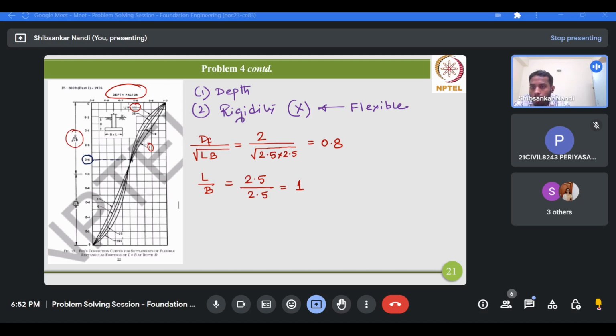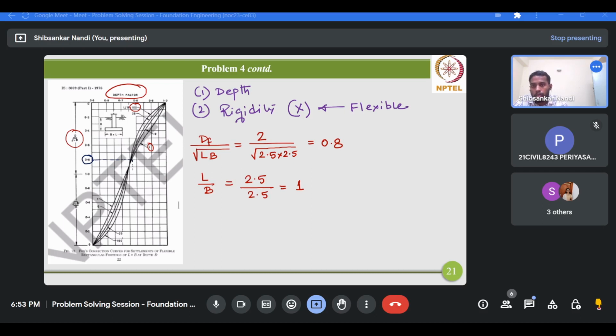The right hand curve is basically giving the correction factor for L by B equal to 1, and as it shifts towards the left side, the L by B ratio is increasing from 1 to 100. So 1, then 9, then 25, then 100. So you have to consider the extreme right hand side curve for calculating the depth factor for this problem.